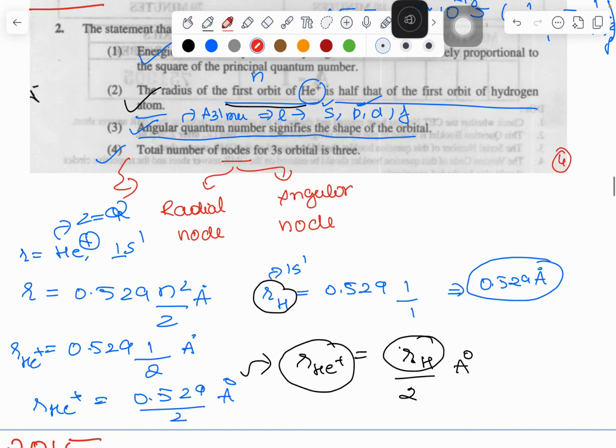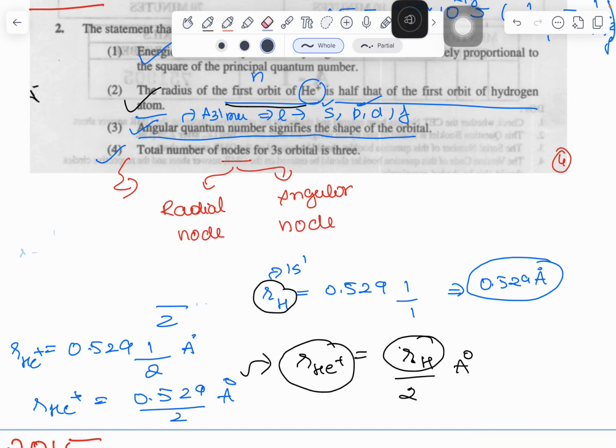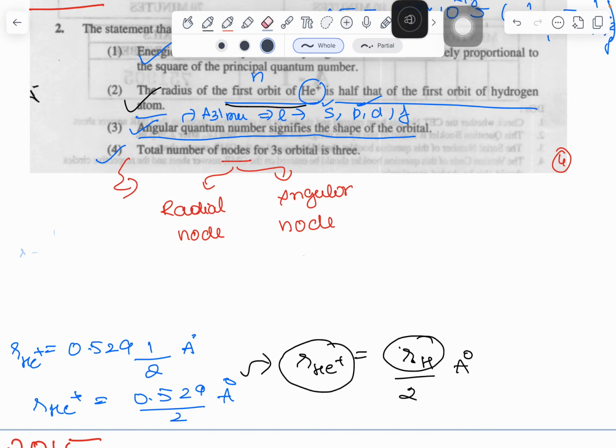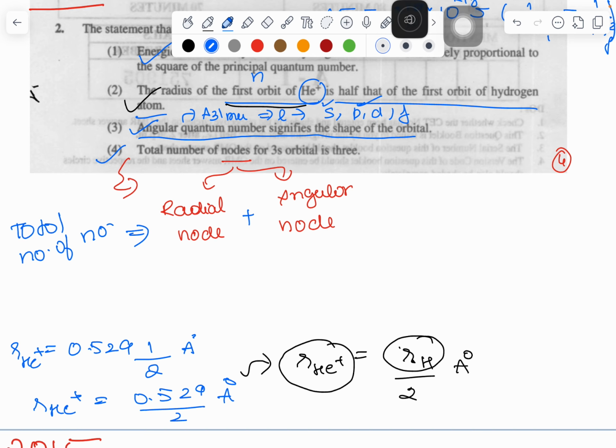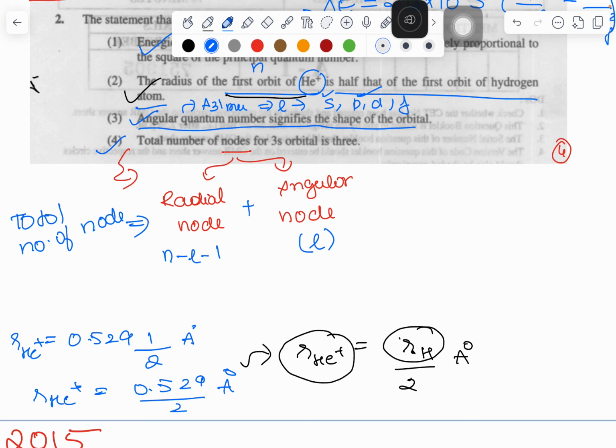Hope you have written radial node and angular node. Together, if you add both, they give the total number of nodes. Radial node is given by the formula n minus L minus 1. Angular node is given by L. The question gives 3s, so the value of n is 3 and the value of L is 0.